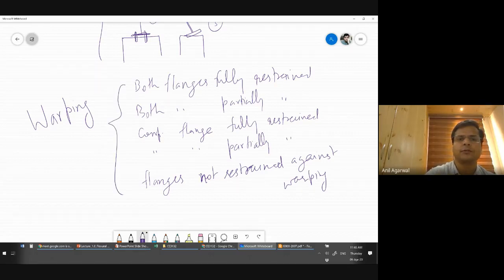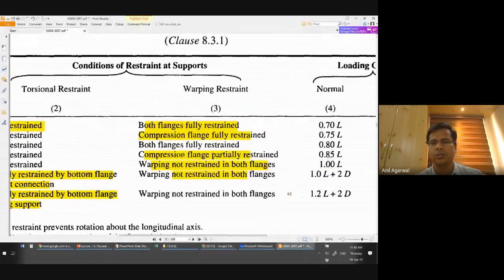One, two, three, four, five. Total 5 categories. But you can say that one is focusing on both flanges, the other one is focusing on compression flanges, and the third one is focusing only on the possibility of no restraints.